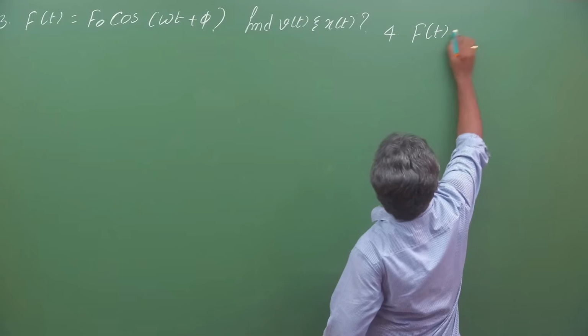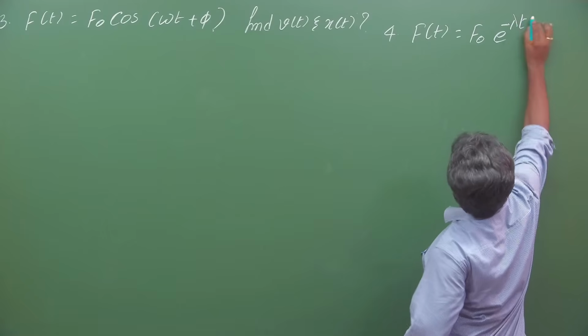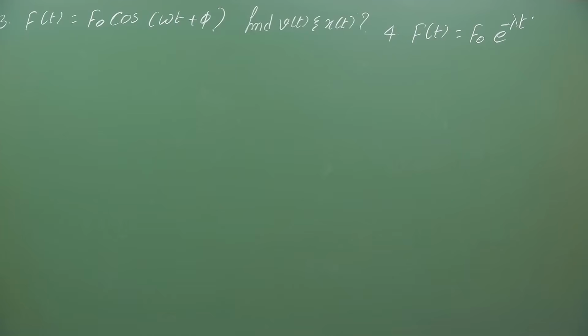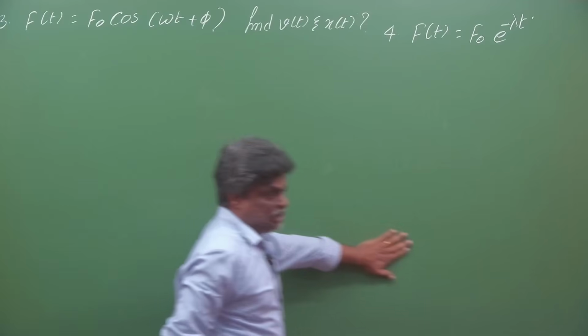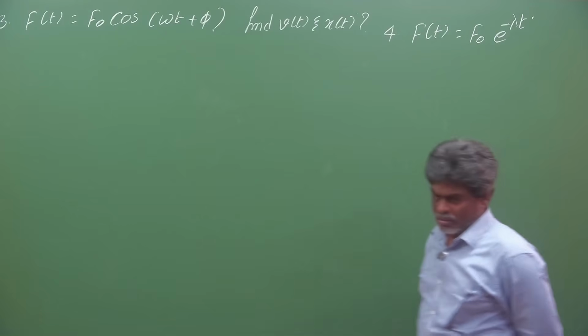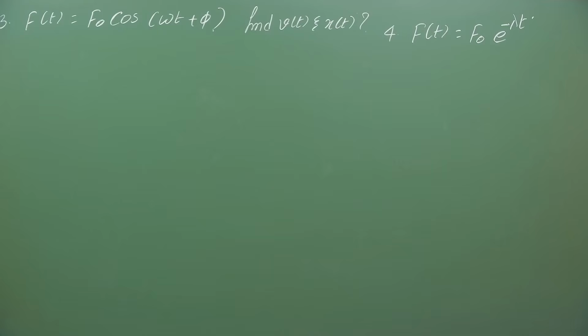Say f of t equal to f naught e raised to minus lambda t. Same, find v of t and x of t. Please don't leave it, struggle. If you leave one thing, 100 things are ready to leave you.